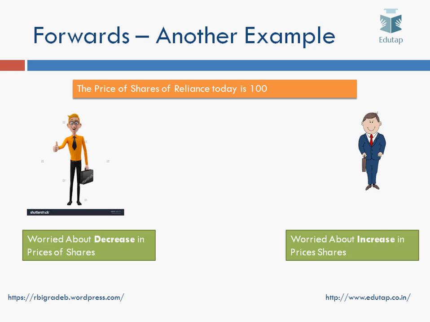That is, he wants to buy the Reliance shares after 30 days. So the situation is that we have Ram and Sham. Ram wants to sell shares but is worried about a decrease in the price of shares after 30 days. And we have Sham, who wants to buy shares after 30 days but is worried about an increase in the price of shares.